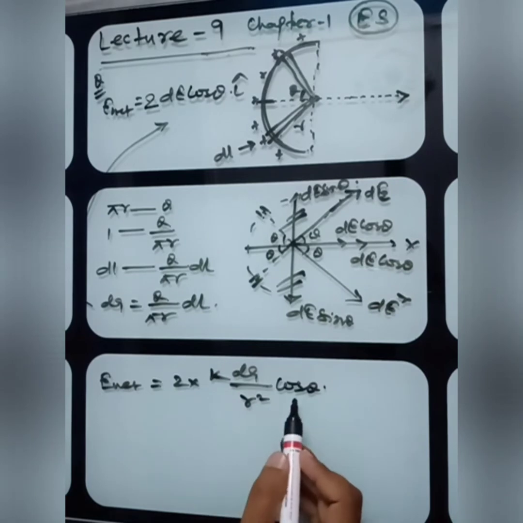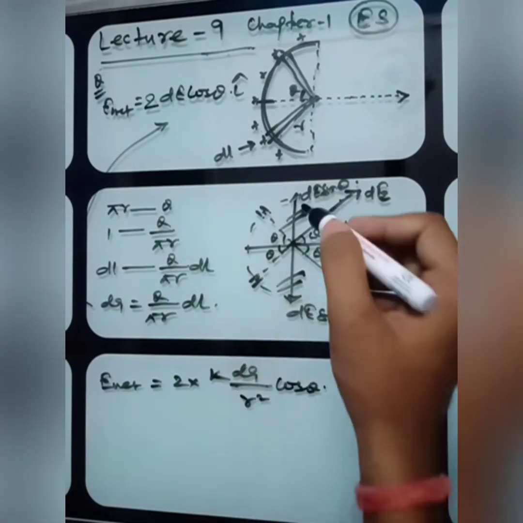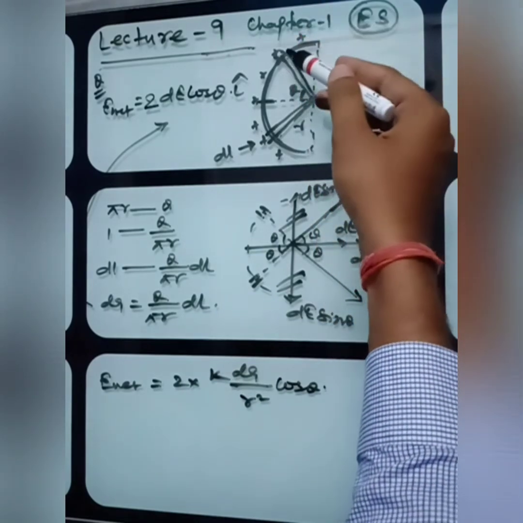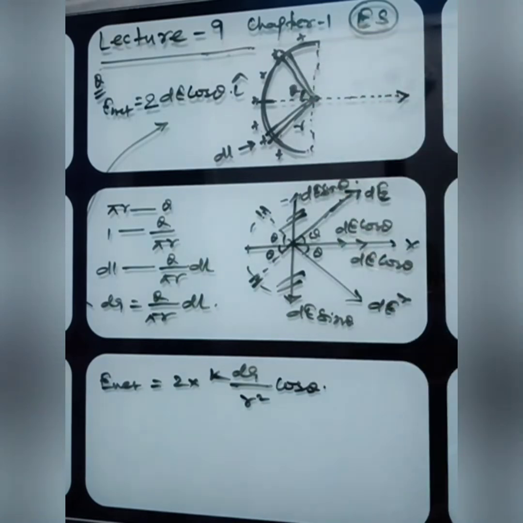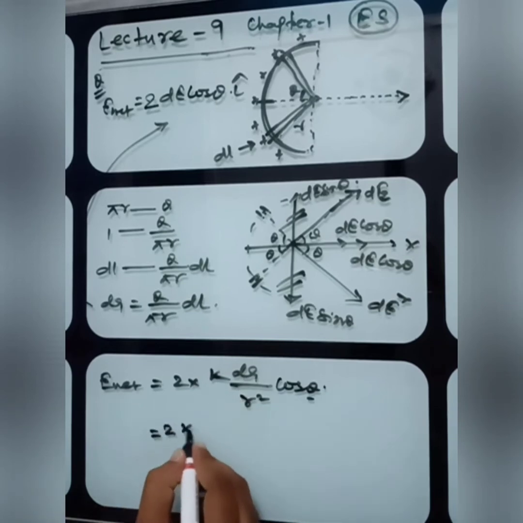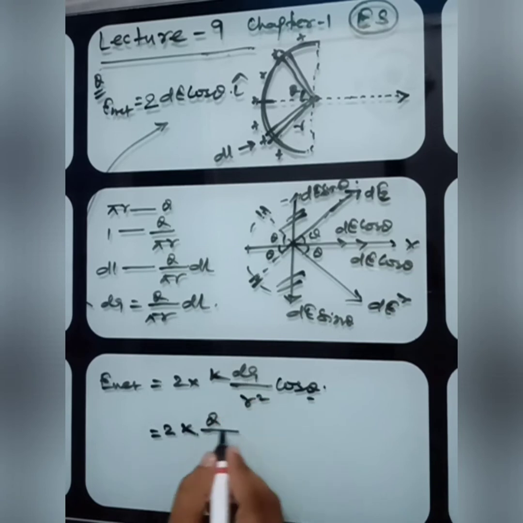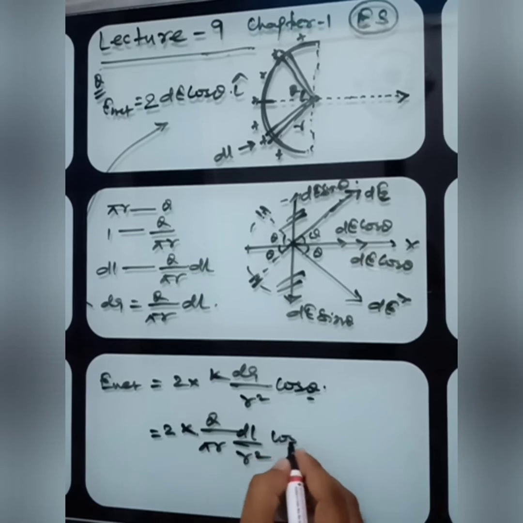Since this cos theta is constant, you know, cos theta will not change. If you are taking this dl a little bit larger, okay, this theta is going to be changed. Very good. So you need to just convert this. First put the value of dq. It is 2k dq, it is q by pi r into dl over r square cos theta.